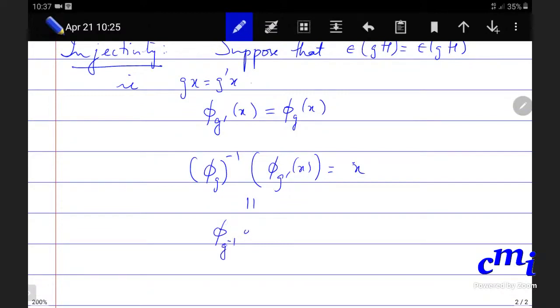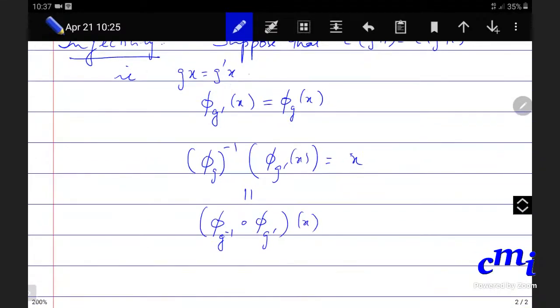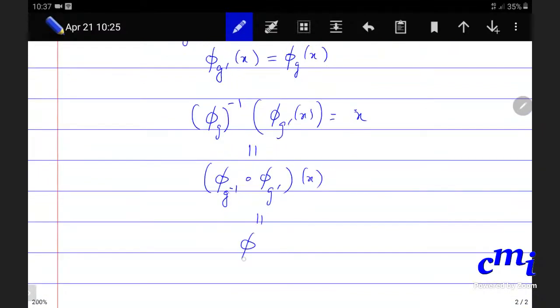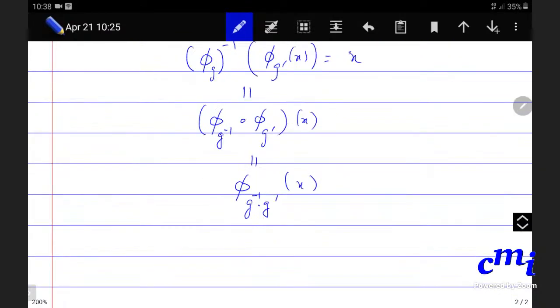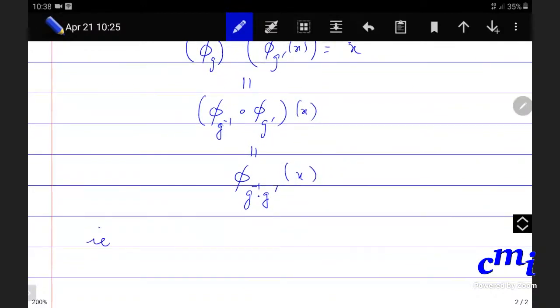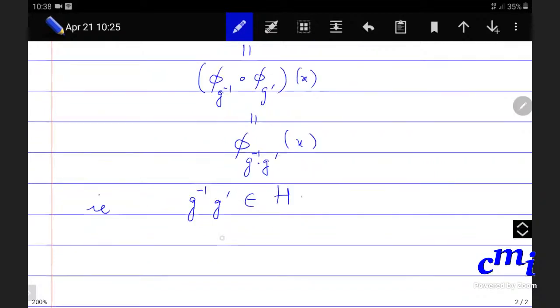Composed with phi g prime of x, this is just phi of g inverse times g prime. So that is, g inverse g prime is in the stabilizer. That is, g prime is inside gH. Therefore, g prime H is equal to gH, which is what we needed to show for injectivity.